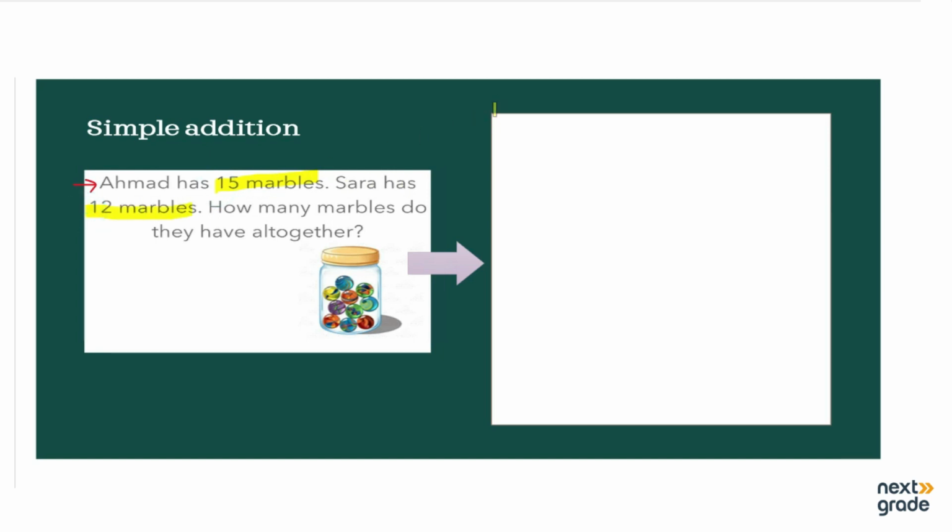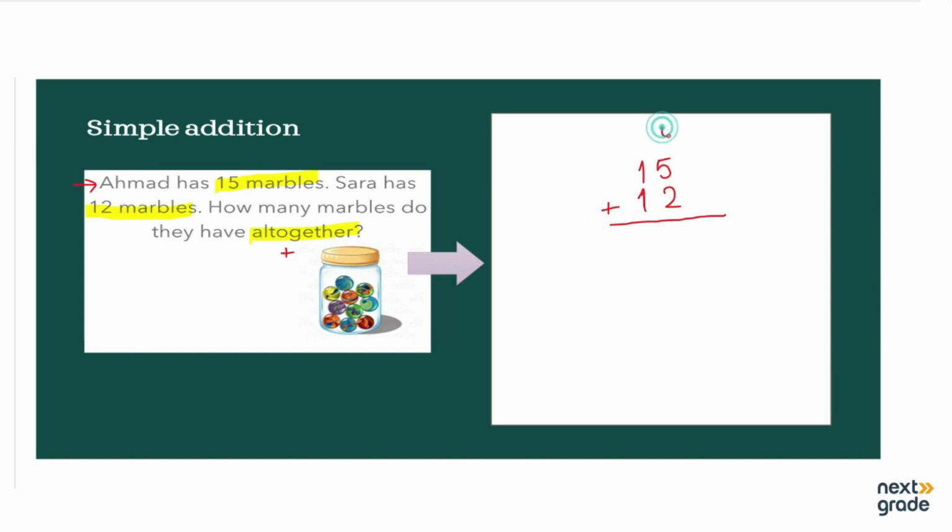How many marbles do they have all together? All together means कि आपने इसको add करना है. That means you have to add both of these numbers. So we are going to write 15 first because it's the bigger number. Then we are going to write 12. Both of these are whole numbers, and we are learning the operation of addition in this question.